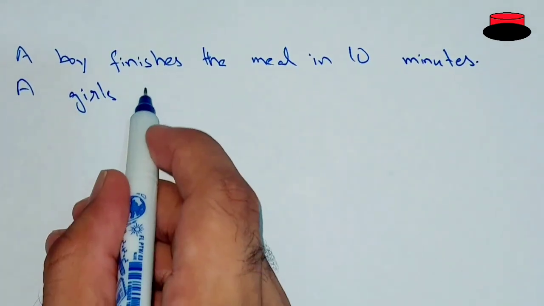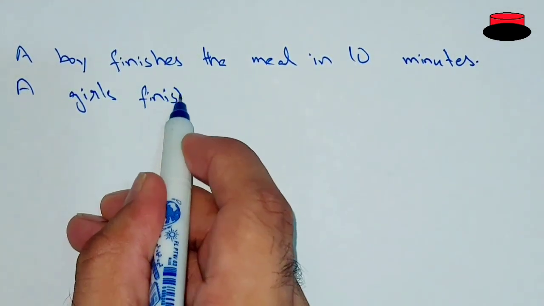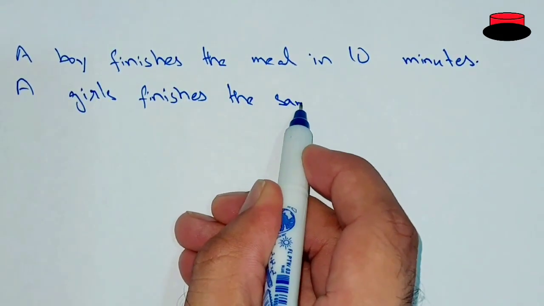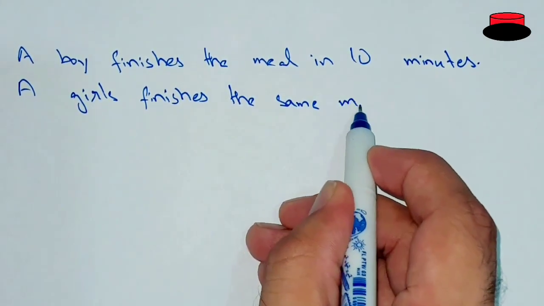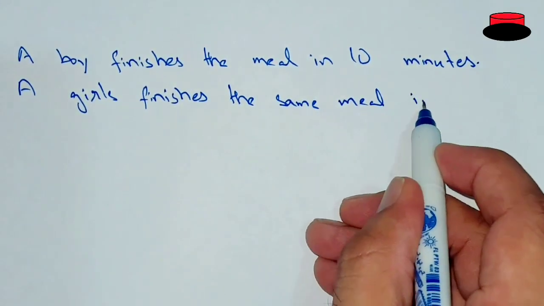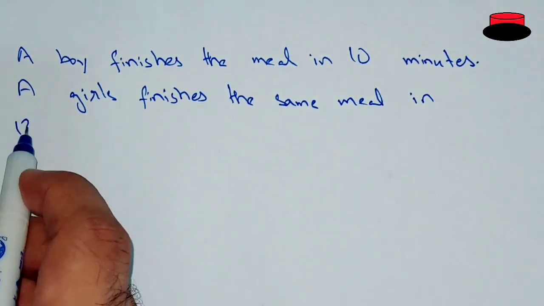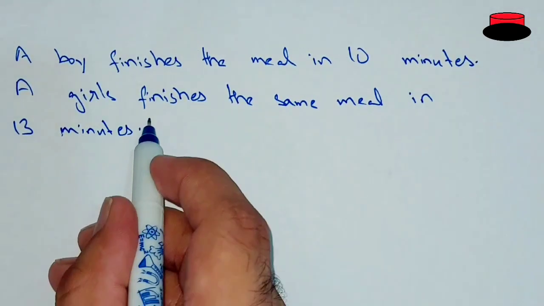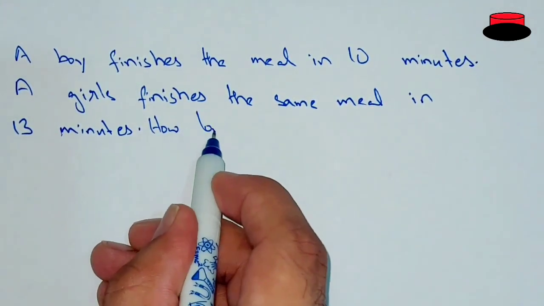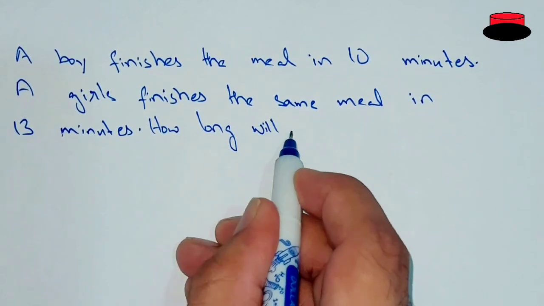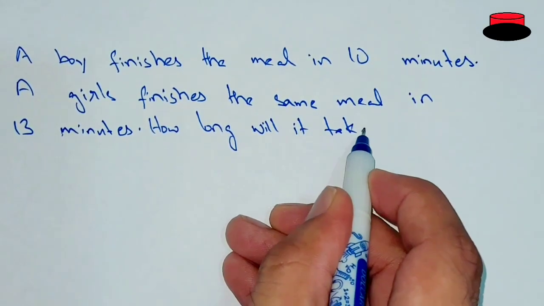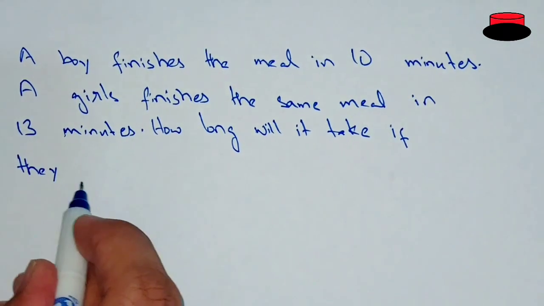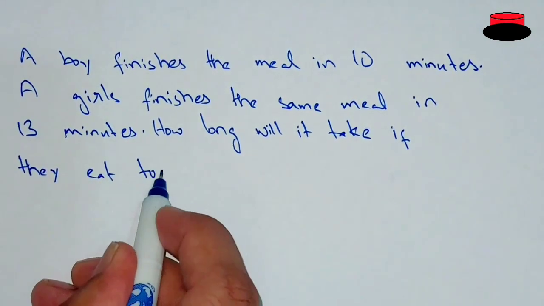On the other hand, a girl finishes the same meal which the boy was eating in 13 minutes. So how long will it take if the boy and the girl are both eating together? How much time will it take?